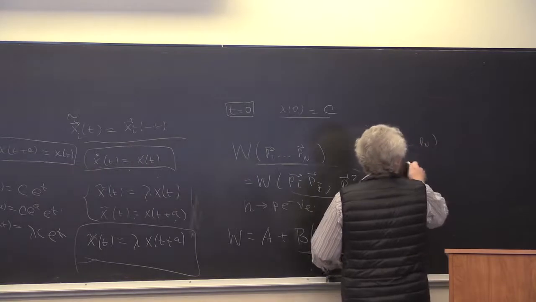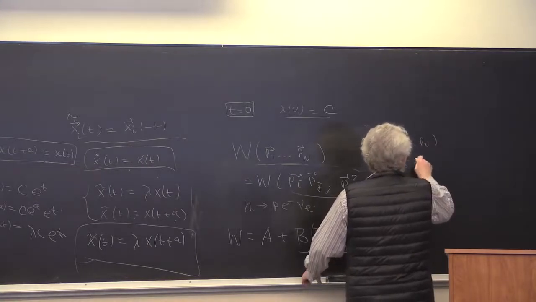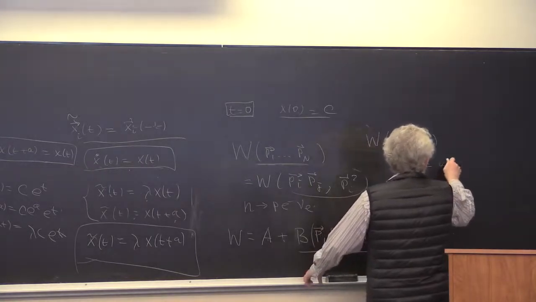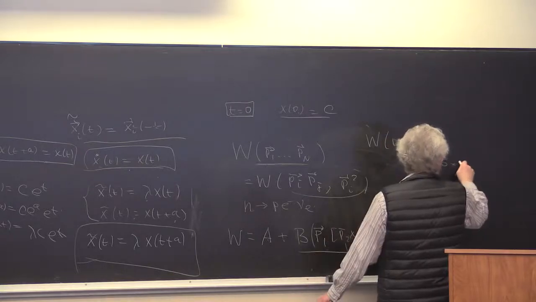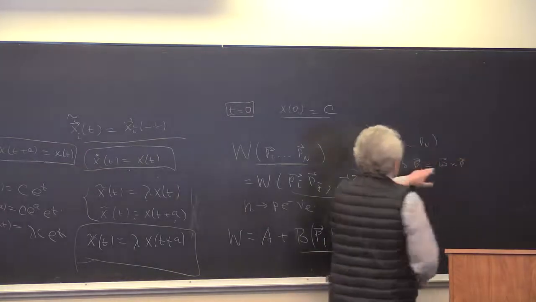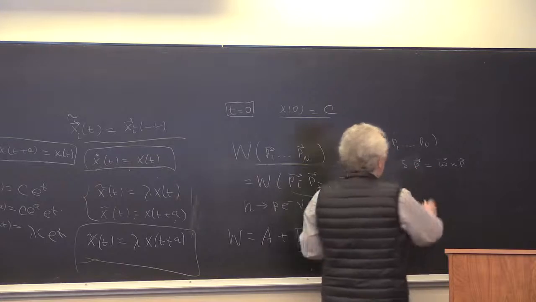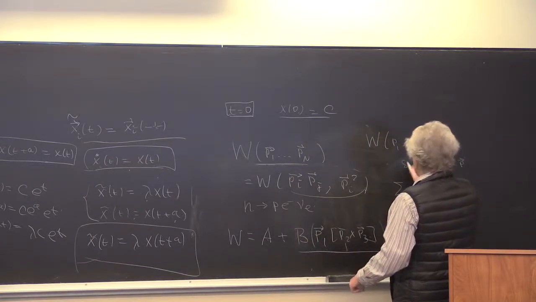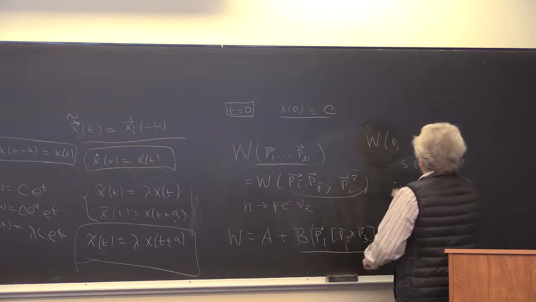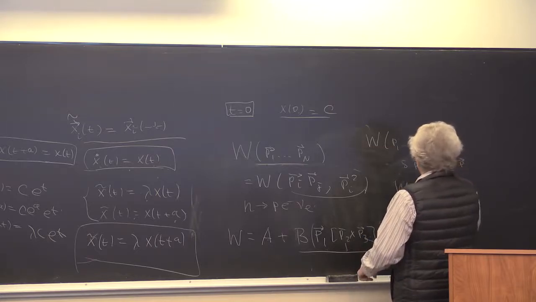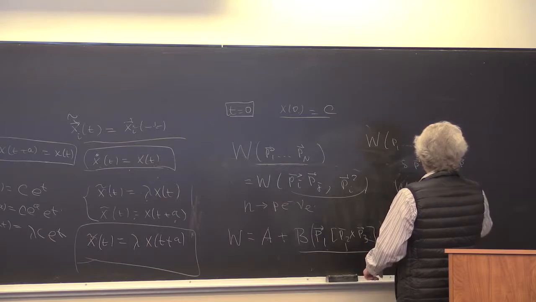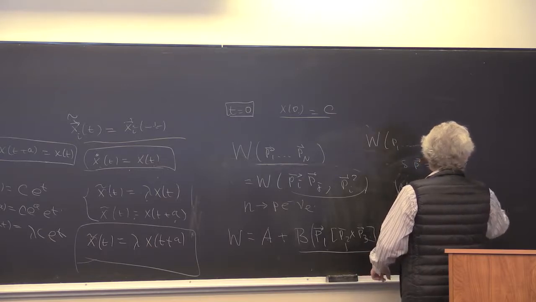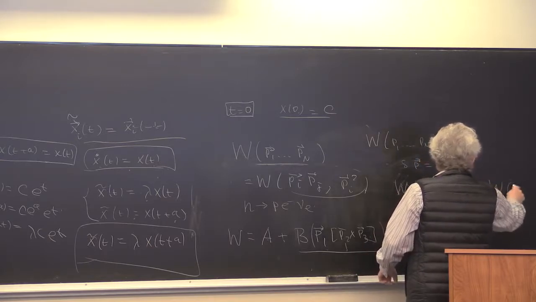You consider infinitesimal rotations. It's a scalar product of the angle of rotation multiplied by this. And so you get the condition that W of pi plus delta pi is the same as W of pi.